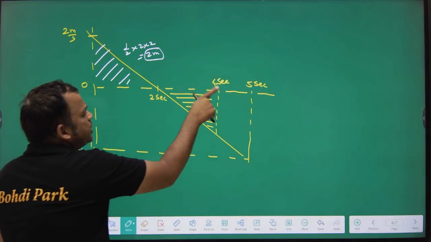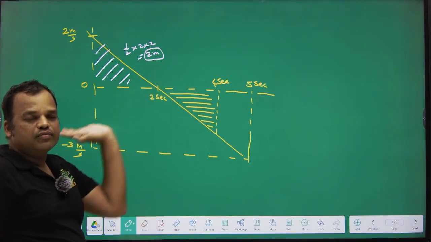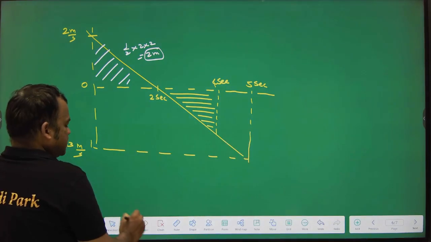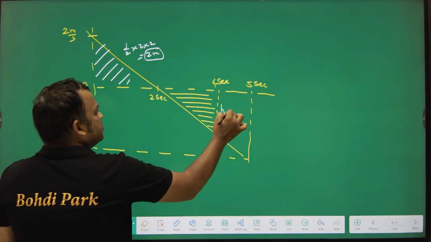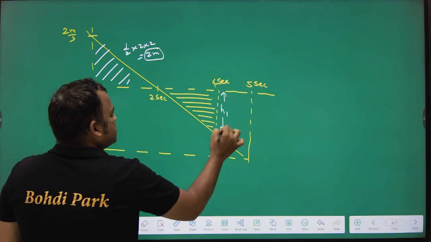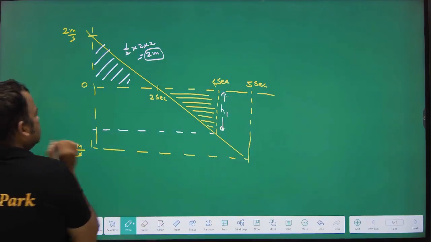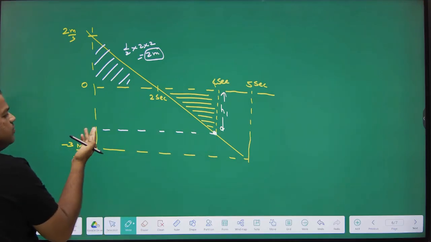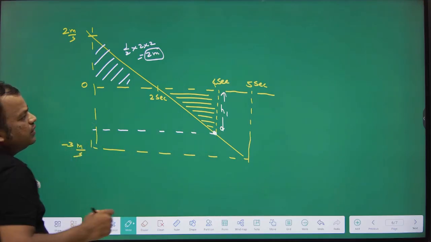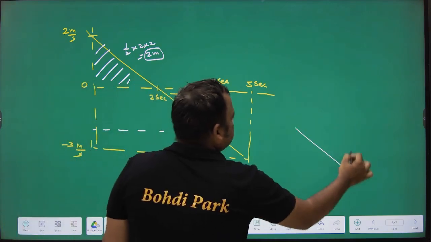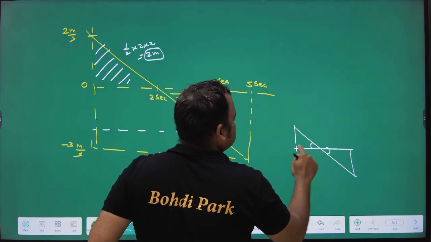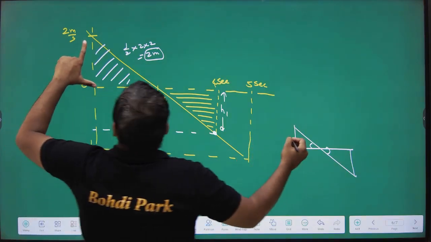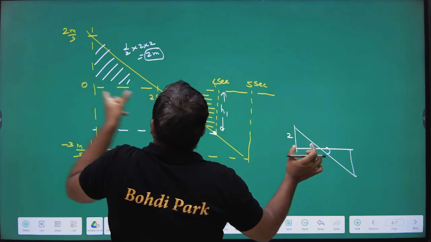Now let's calculate this area. This area is between 2 and 4 second. From 2 to 4 second we have to calculate area. So for that we need the height again. This height we need. Let's suppose this is h1. Corresponding to this point on the graph, that is at 4 second, what is the velocity? It is not given. We can calculate it. Again we will draw these type of two triangles in which one angle is common. If you look at this triangle, this is 2 and this base is also 2.